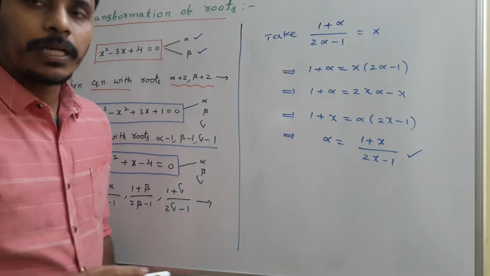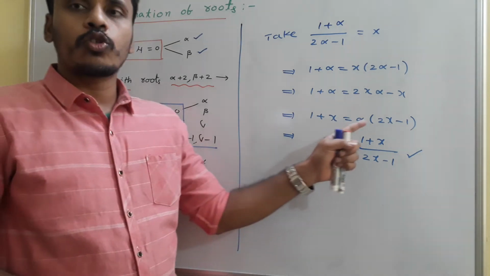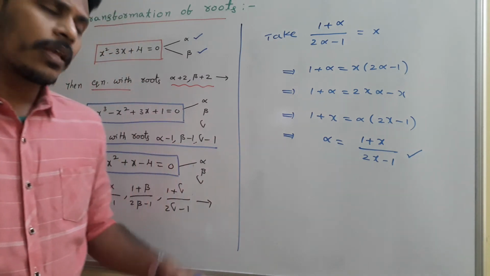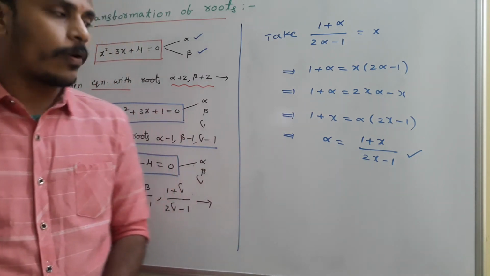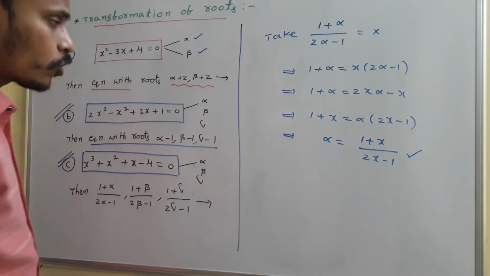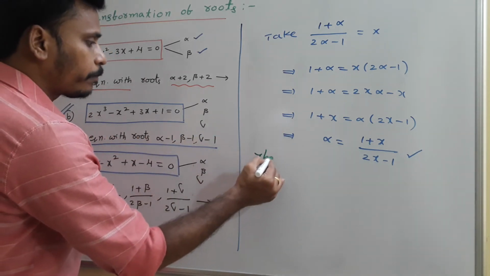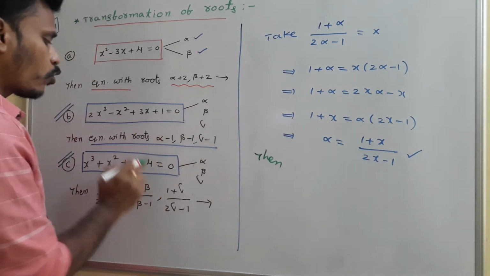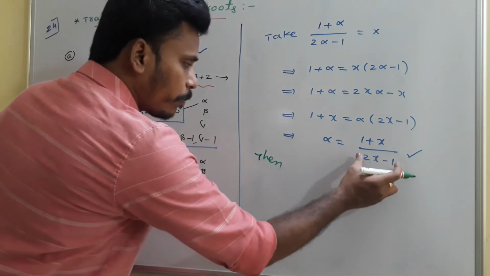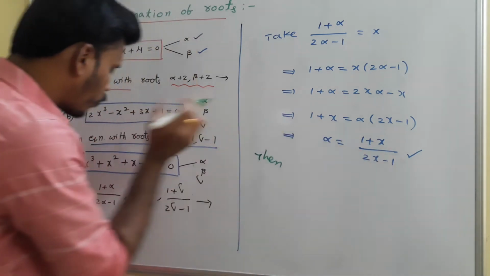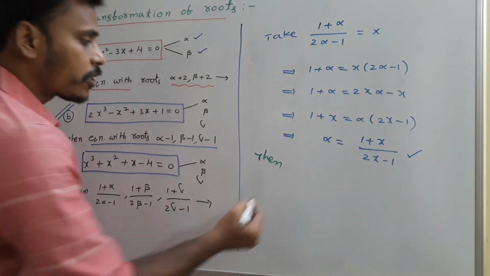Similarly, if you move with beta, you will get beta is equal to (1 plus x) by (2x minus 1), and again you will get gamma also (1 plus x) by (2x minus 1). So now this alpha is a root of the given equation. Since alpha is a root of the given equation, you just replace this (1 plus x) by (2x minus 1) in the given equation instead of x.